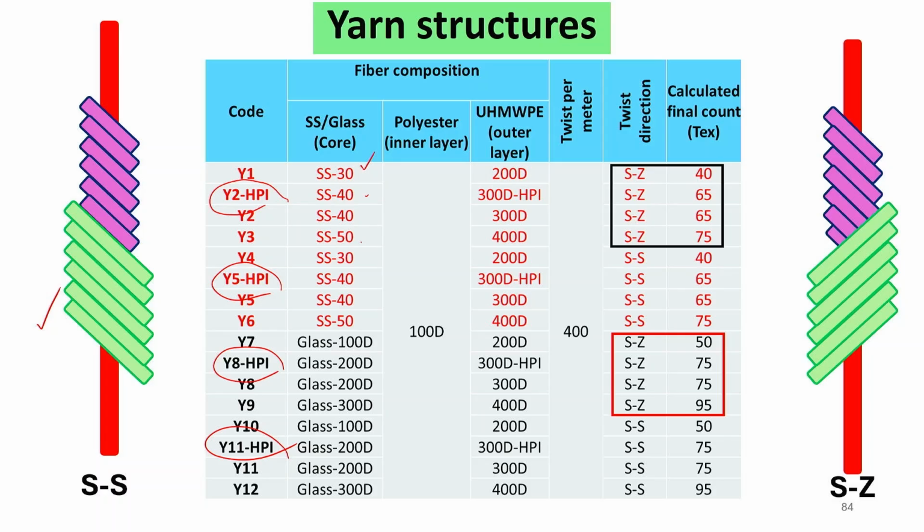So, here we have used different combinations, and for hard particle impregnated, 300 denier filaments were used with and without hard particle impregnation, and polyester was a 100 denier filament. Twist per meter was kept the same for all the specimens, and only the twist directions were changed for the outer layer.